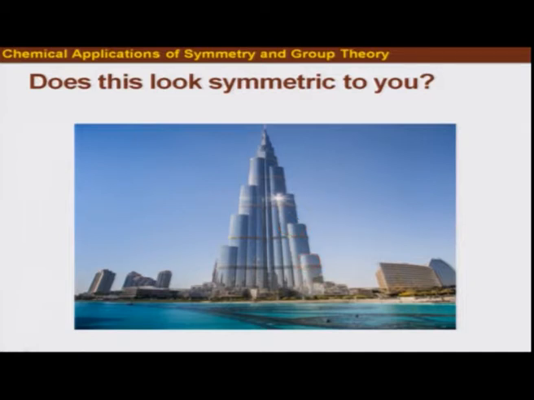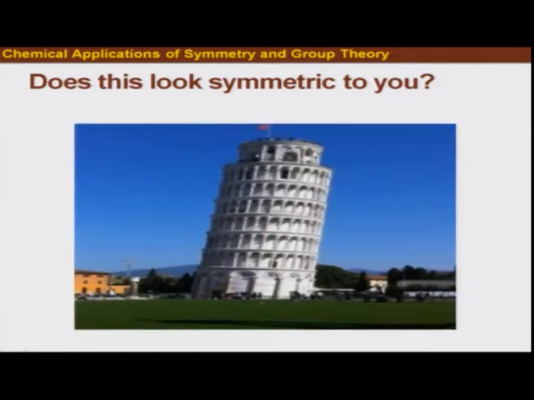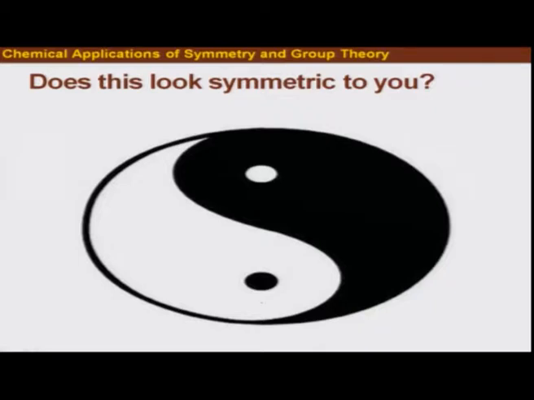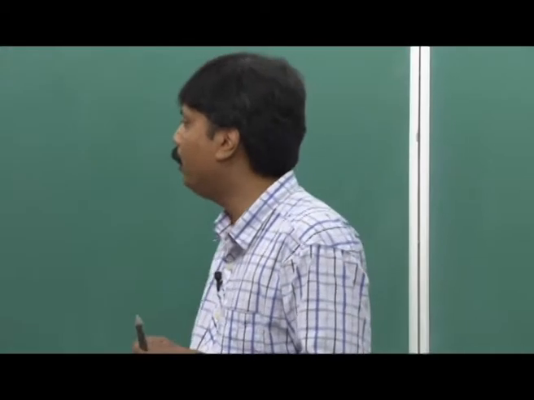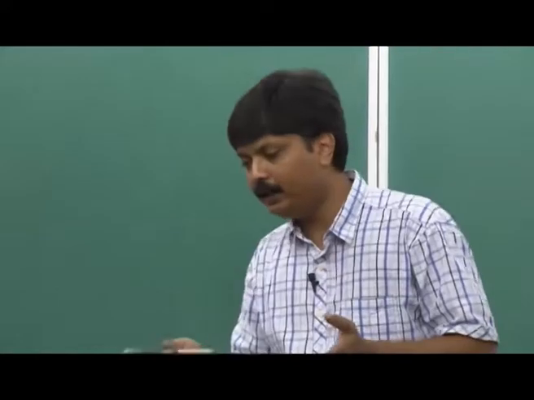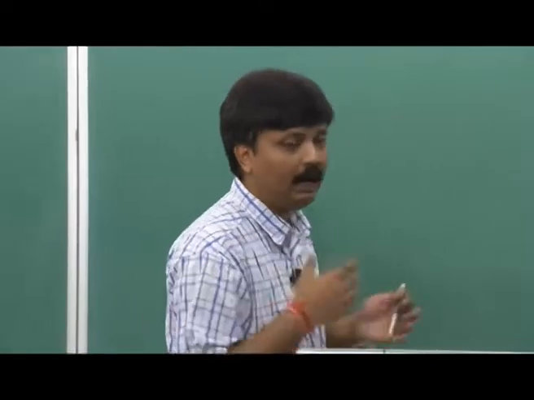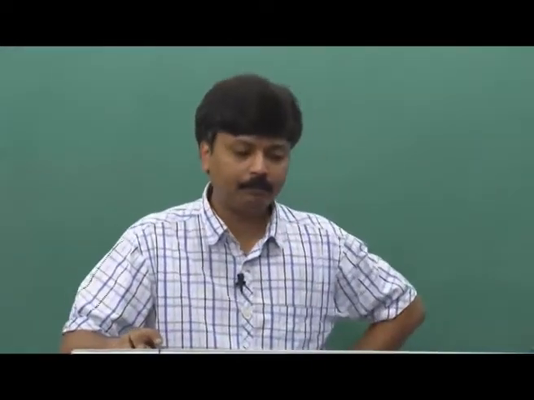Okay. So, the thing that I want to convey to you, that by looking at the structures we can say whether they are symmetric or not. So, so far we have been talking about the symmetry of objects like buildings or creatures, architectures.